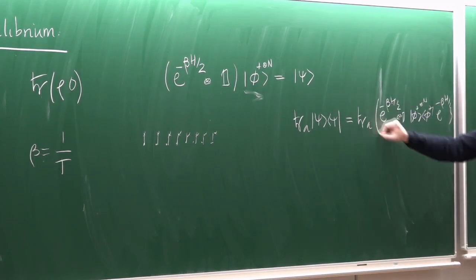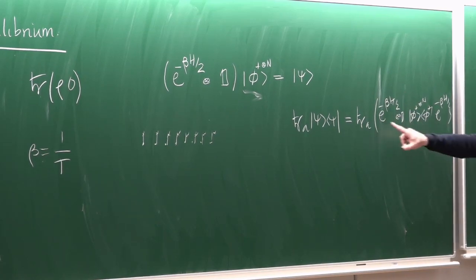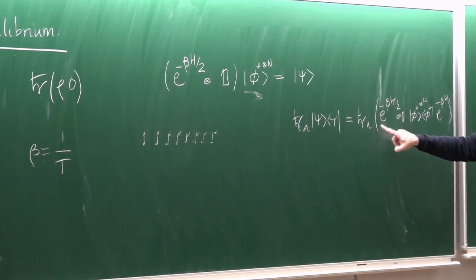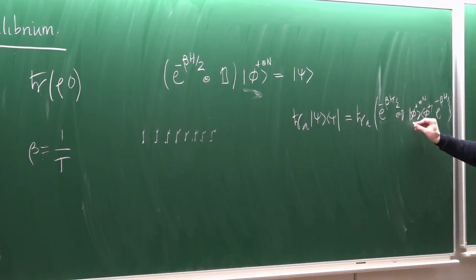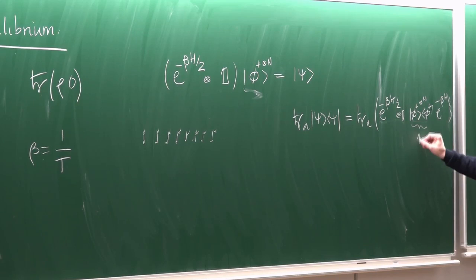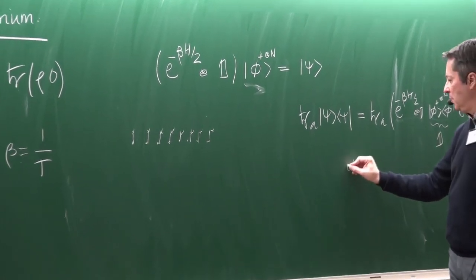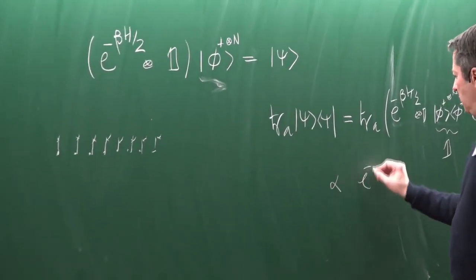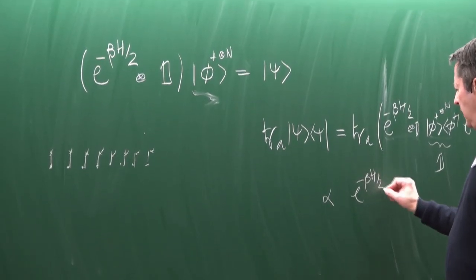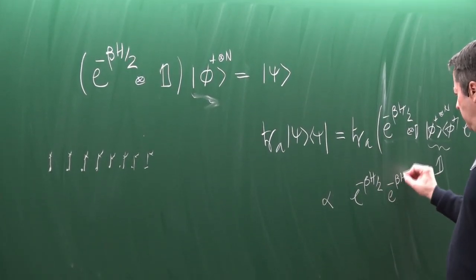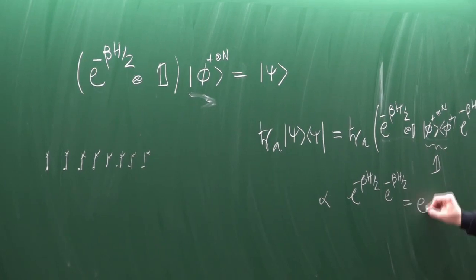Since this is acting on the system and on the ancilla, you can move the trace, but the partial trace of the maximally entangled state is proportional to the identity operator. So this is proportional to e to the minus beta H half times e to the minus beta H half, and it's equal to e to the minus beta H.